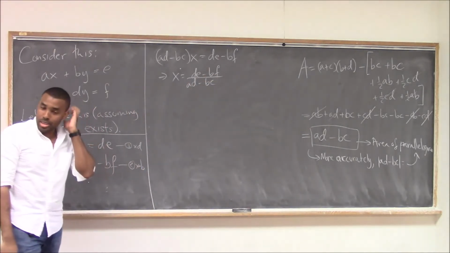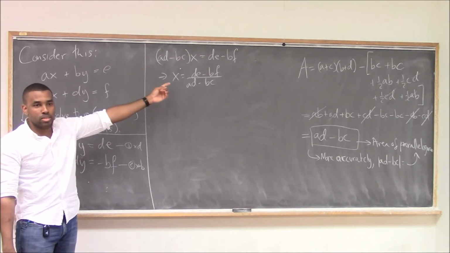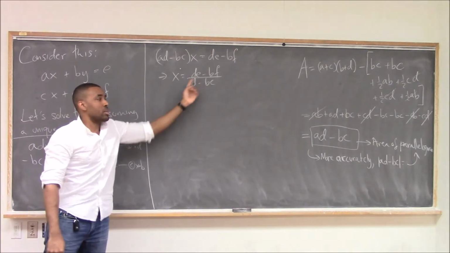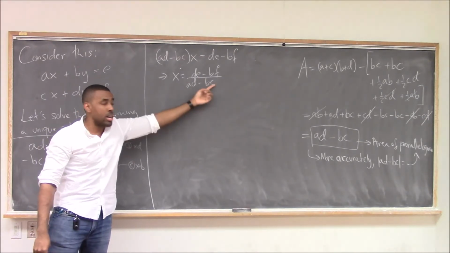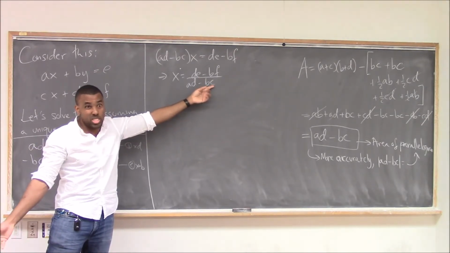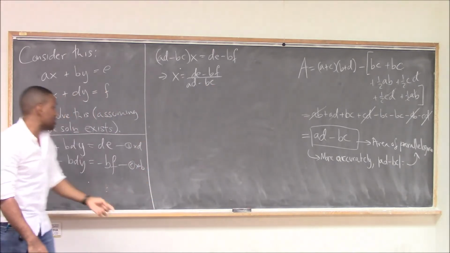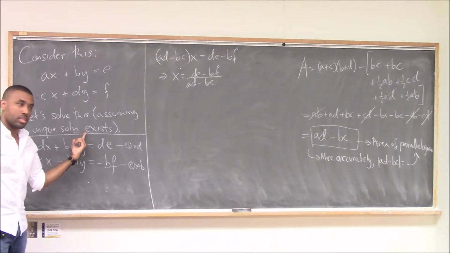Now there are two things that should be interesting to you here. One, this tells me when x would have a solution. If this denominator is 0, that's a problem, but as long as it's non-zero, this is always the form of the solution. So that tells me about when a solution might exist.